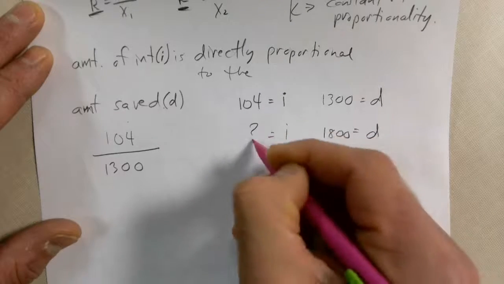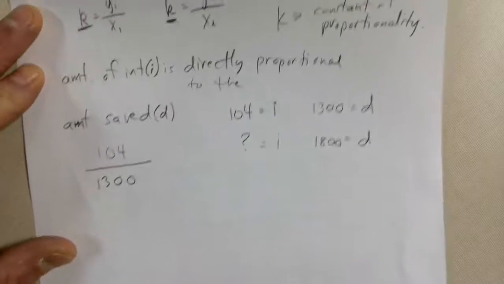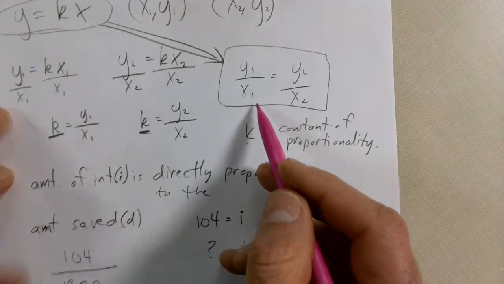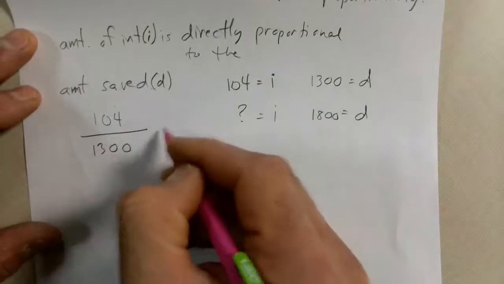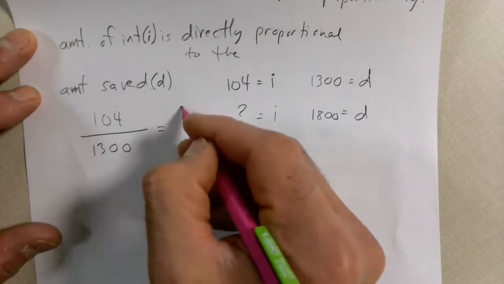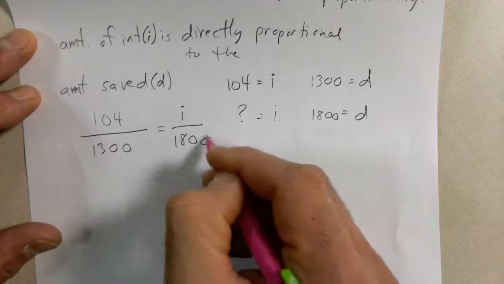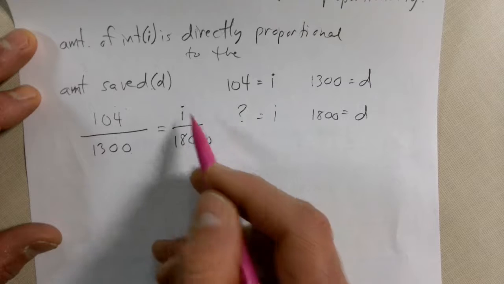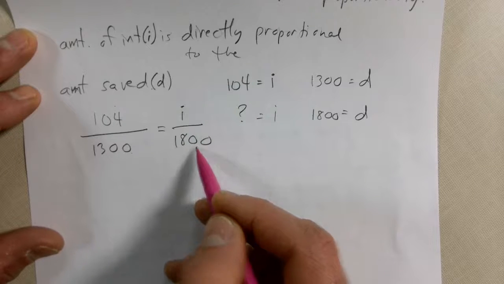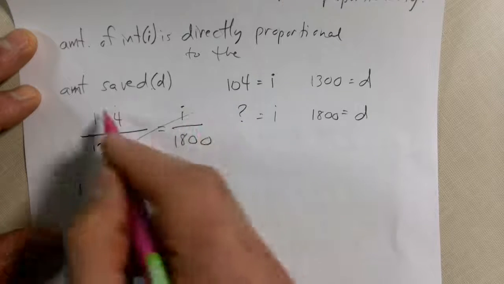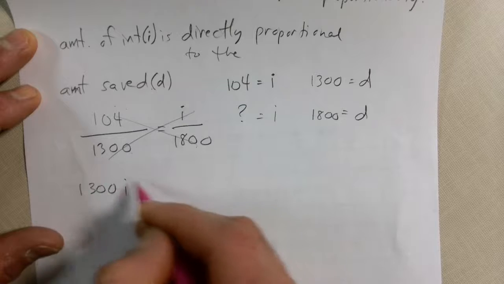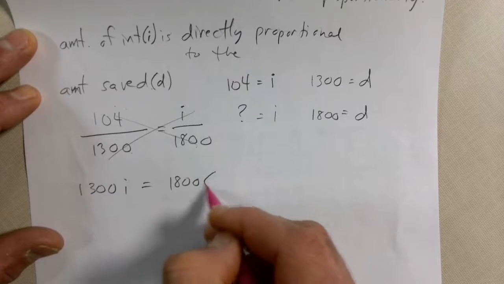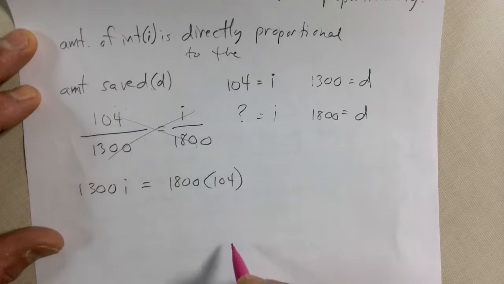What's the interest? Well, because we can set up a proportion, let's go ahead and throw it all together. 104 over 1,300 is some other interest over 1,800. Y over X is equal to Y over X. Now, we'll use our cross multiplying. 1,300I equals 1,800 times 104.